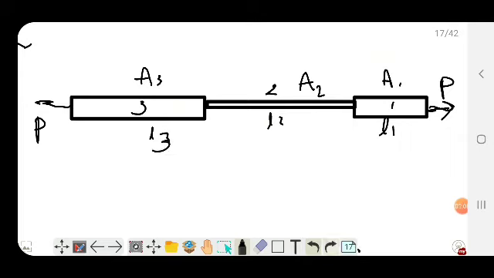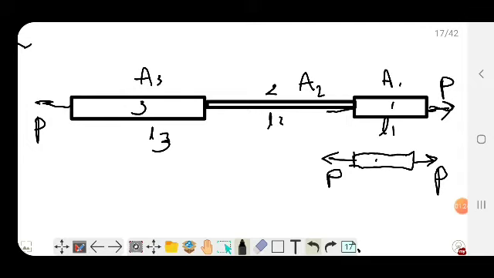And as per Newton's law, when we are considering body 1, it is remaining at rest. So if we are taking body 1, we have tensile force P here. For this to be at rest, it should be like this.